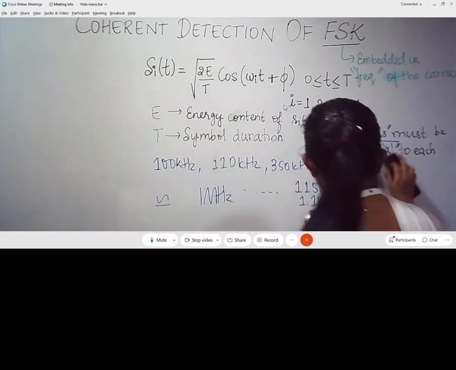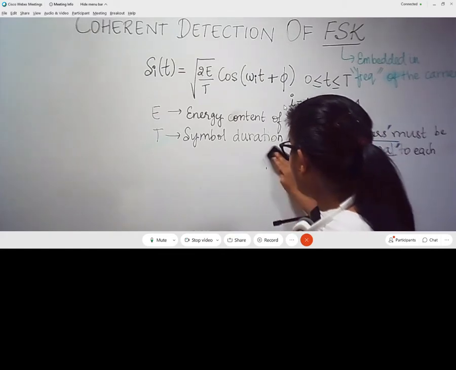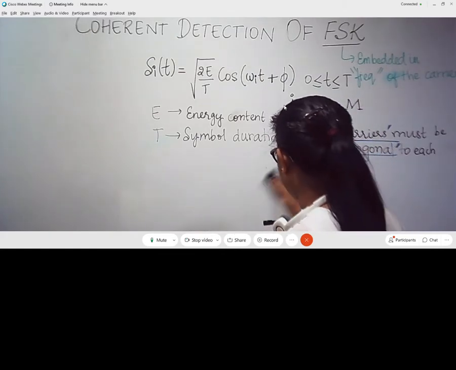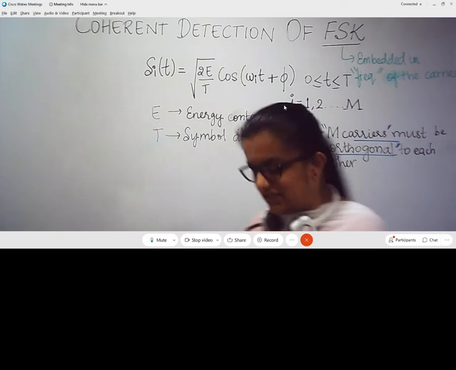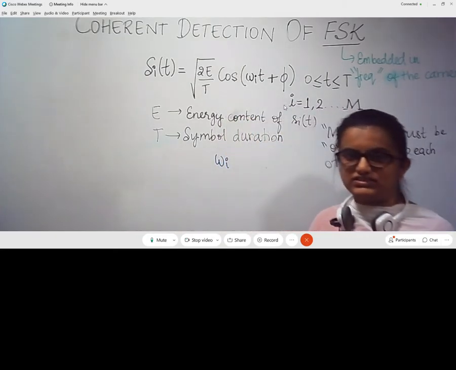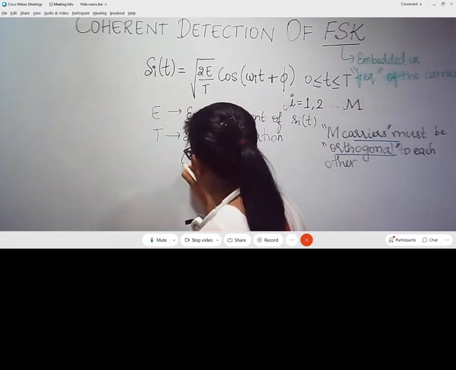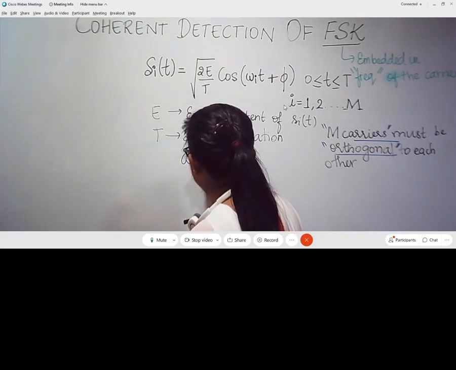Rather, how to choose? There is a thumb rule to choose the carriers for an FSK system. Let's suppose omega i is the frequency of the first symbol. The next frequency that I choose, I denote as omega i plus 1.